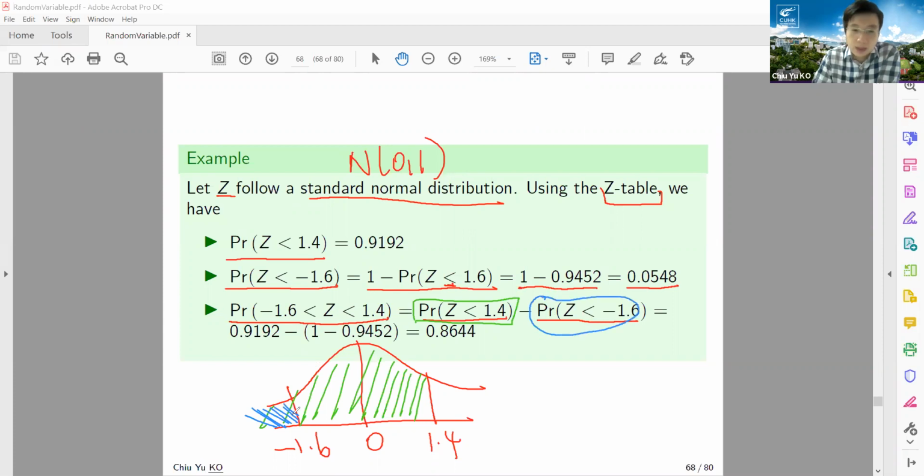And this guy you cannot get directly, right, because in the textbook usually they give you only positive 1.6, okay. And the positive 1.6 can be found by the yellow one, okay. This yellow one you can find from the book, right?